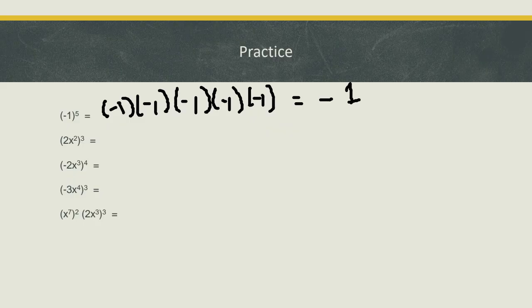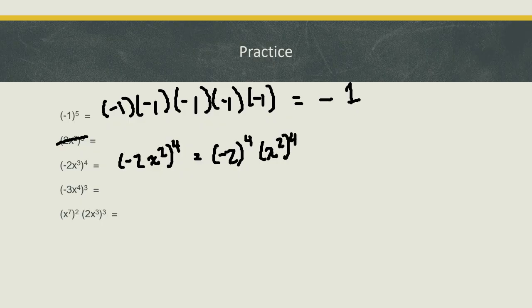We did the second one already on the previous slide, so we'll skip that one. But let's do this one. We have -2x squared to the power of 4. So I'm going to split this up. You don't need to do this, but just for the sake of learning, I'm going to split this up. So -2 to the power of 4, you can punch this in your calculator, or you can do -2 times -2, which you might still need a calculator for anyways.